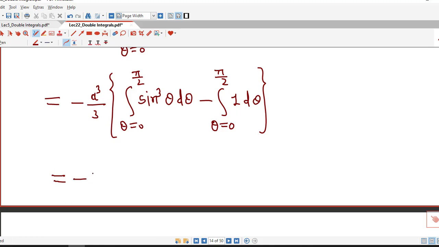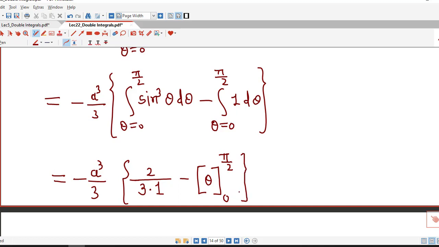So now in the first integral we apply the reduction formula, minus a cube by 3. Here n is 3, so in the denominator we start with 3 and we subtract 2 from 3, so we obtain 1 and we stop. In the numerator we have to start with 3 minus 1, that is 2, so we stop here, and because the power is odd, the value of k is 1, so it is only 2 by 3, minus here the integral of 1 with respect to theta is theta, so we have theta from 0 to pi by 2.